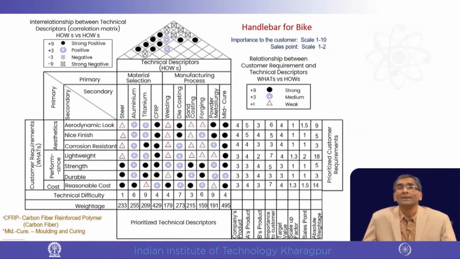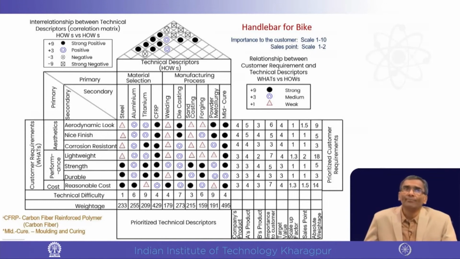Now, the next column is for importance to customer. When we are talking about customer requirements, there may be multiple requirements, but all requirements are not equally important to the customer. Something is more important.